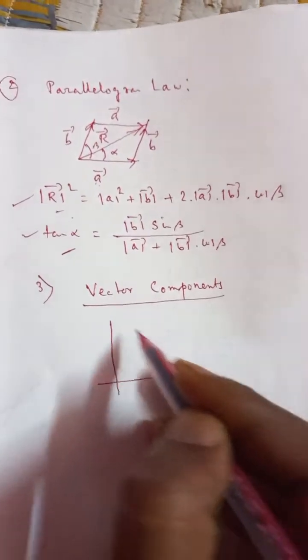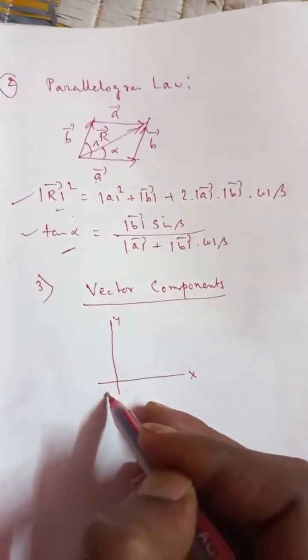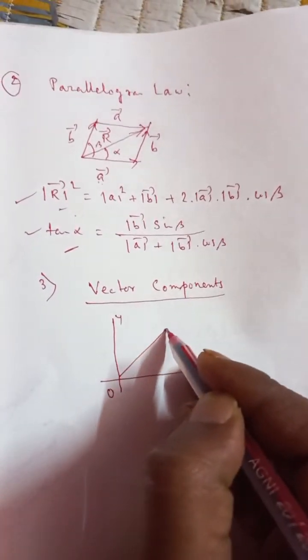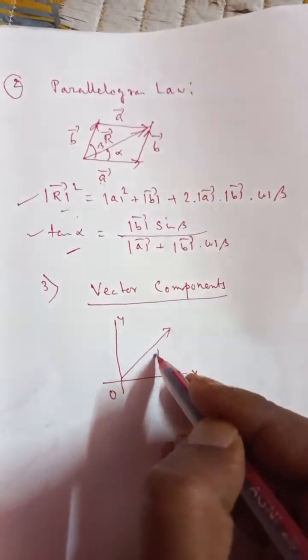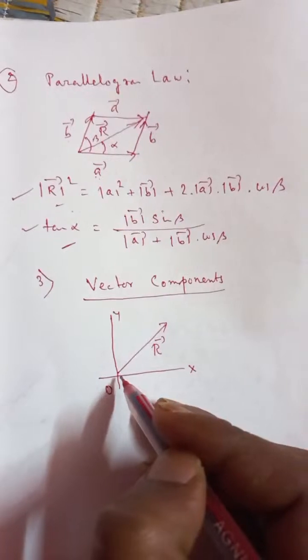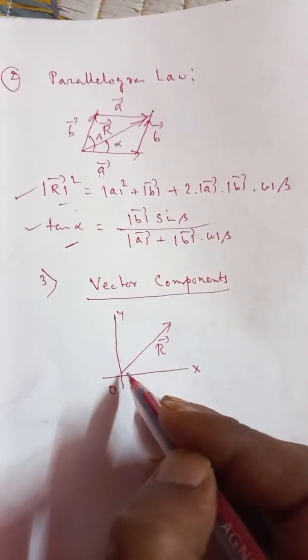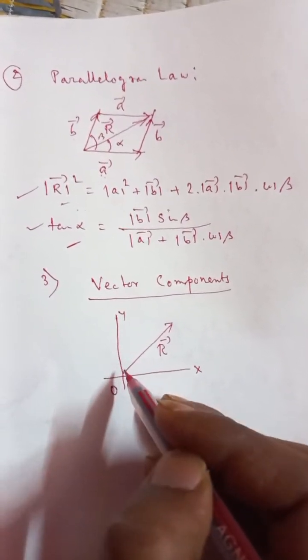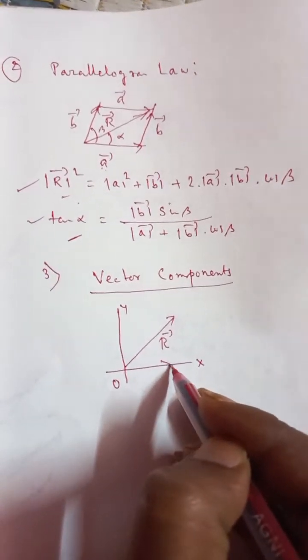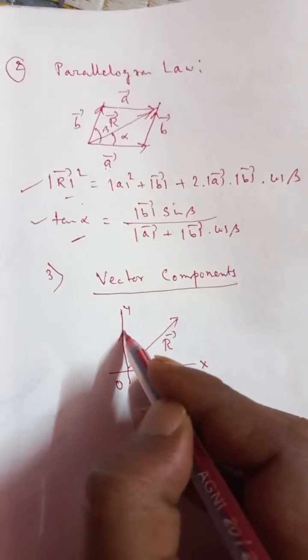This is the x-axis, this is the y-axis, and this is the origin O. We have a vector R. We have to resolve it into two components in such a way that they are directed along the x-axis and along the y-axis.